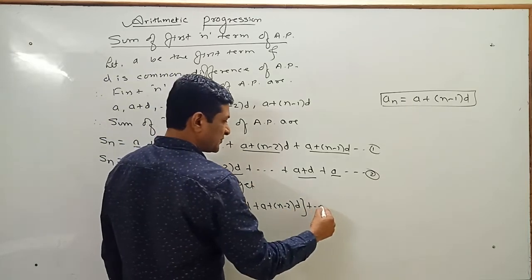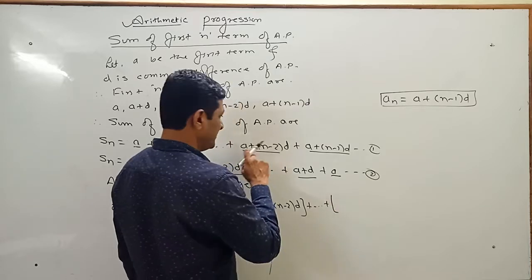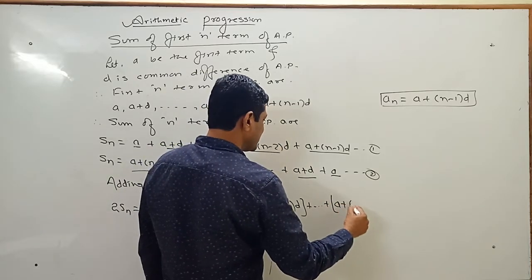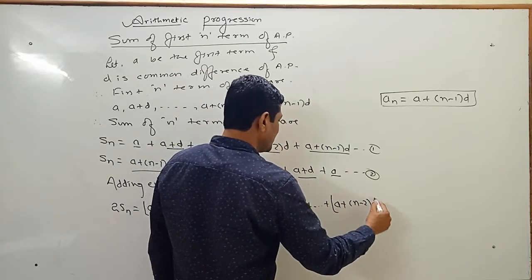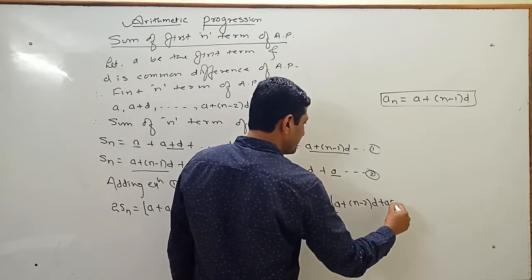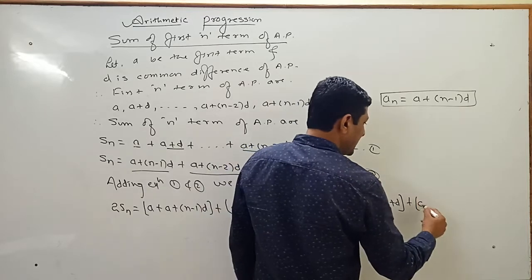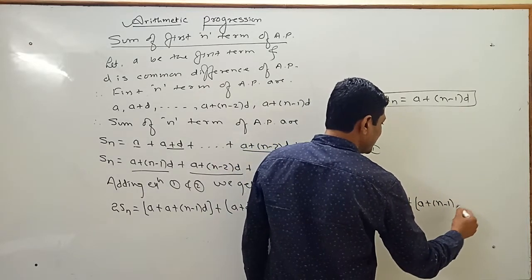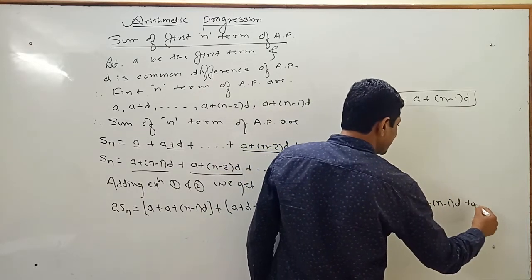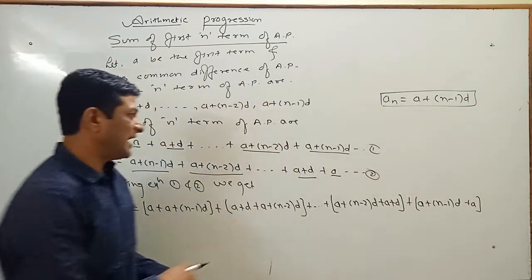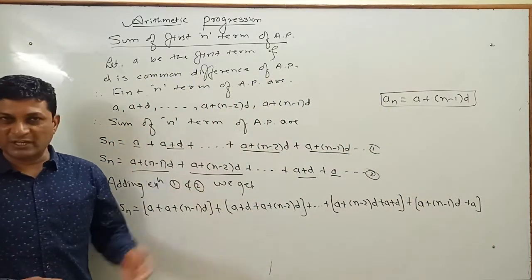Then continuing this way, the addition will be a plus n minus 2 into d plus a plus d, and lastly we get a plus n minus 1 into d plus a. We have simply added the n terms in both equations.